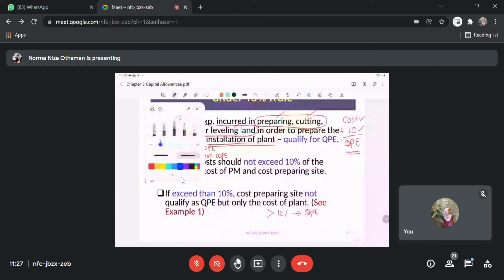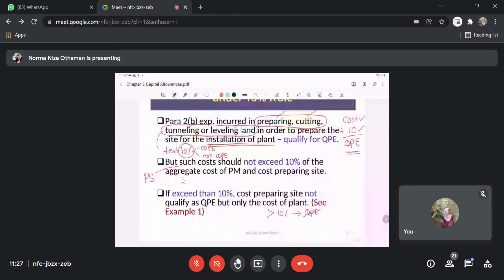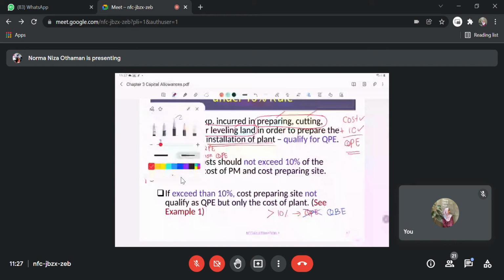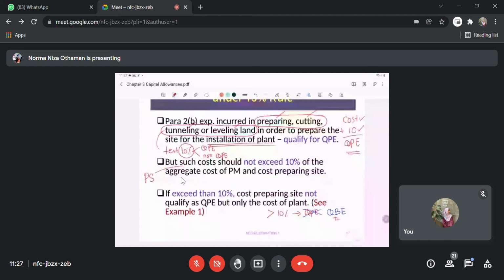Is it clear guys? So kita akan jadikan dia sebagai qualifying building expenditure. Dia adalah QBE. QBE ni you tak akan belajar sekarang. Yang ni you all akan belajar dalam taxation 2. Is it clear guys?